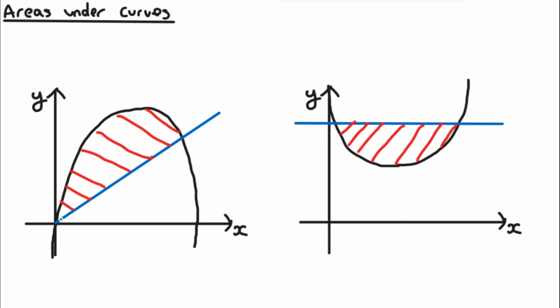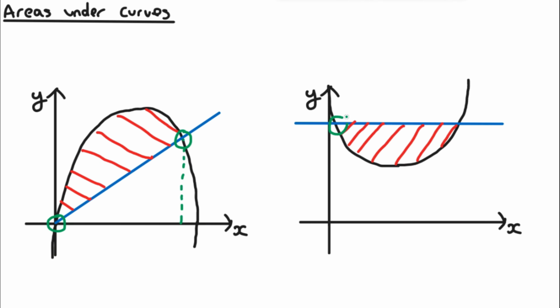So for this one, we know that the integral of the graph from here to here will give this area here, this whole area, but we only want this part here. But we can notice that this is a triangle, and therefore we can figure out the area of the triangle.